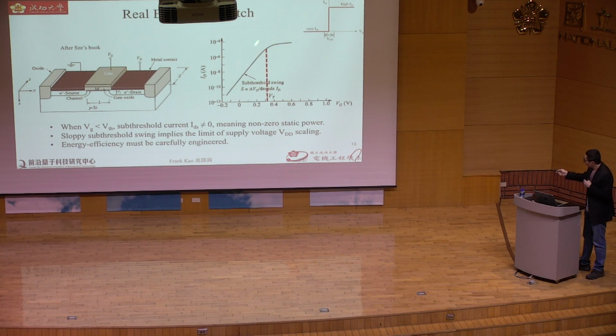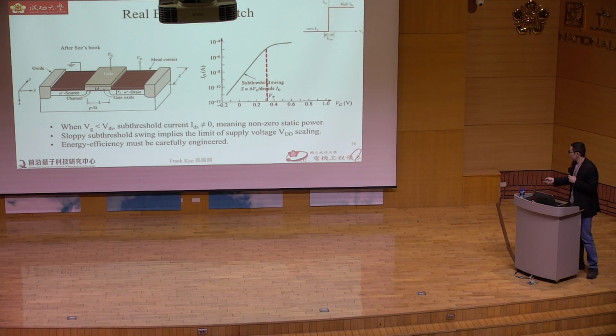And because of this slope, you are not able to scale your VDD, the supply voltage, very small. Because if you want to have a higher on-off ratio, you always need to pay a certain amount of overdrive in the gate bias. So compared to this ideal concept, the energy efficiency is not very high.